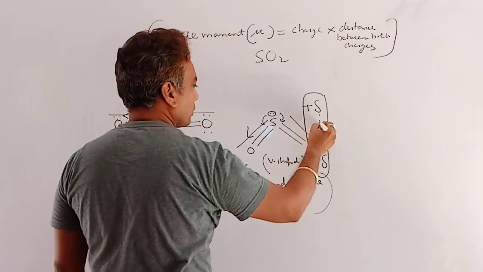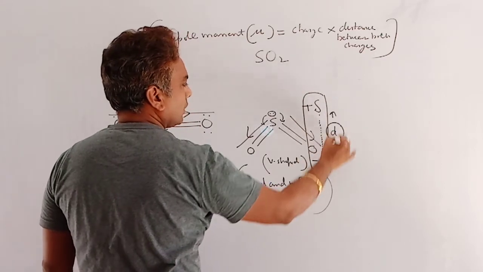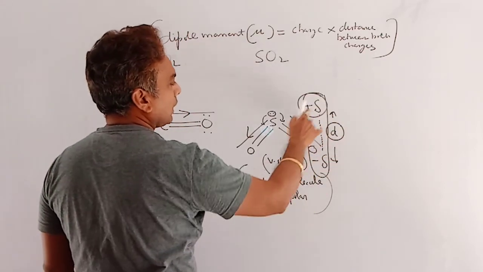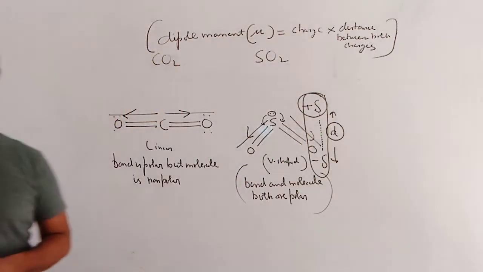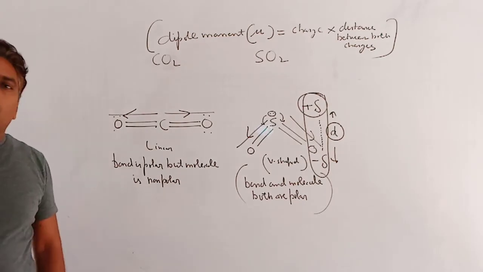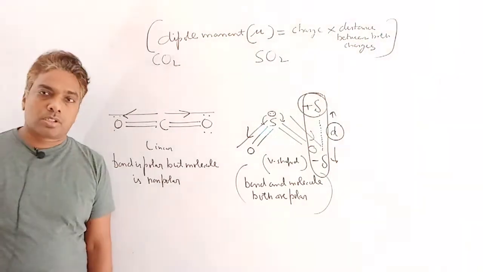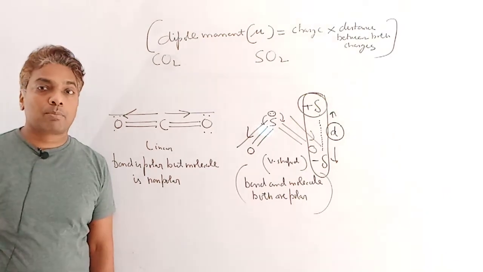Suppose the distance between both opposite charges is d, then the magnitude of charge multiplied by d is the magnitude of dipole moment. So one point: all polar bonds don't show dipole moment.